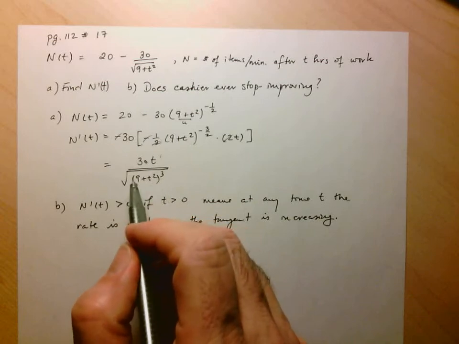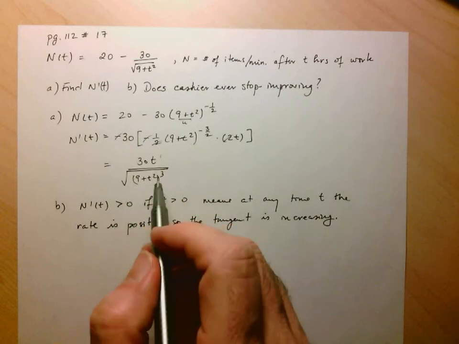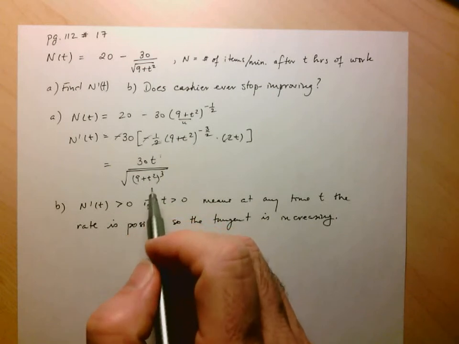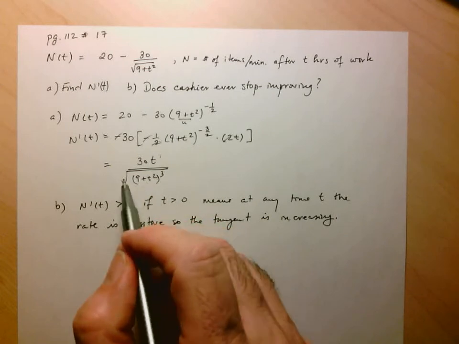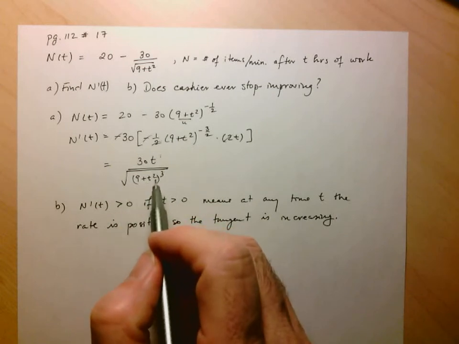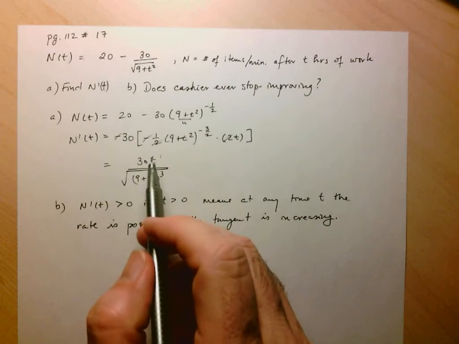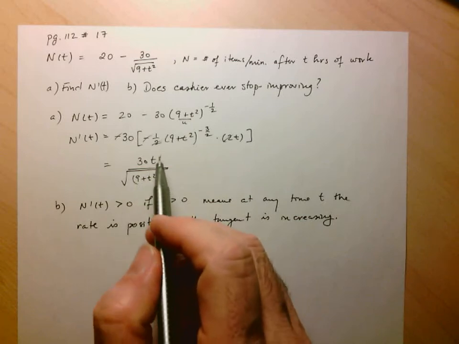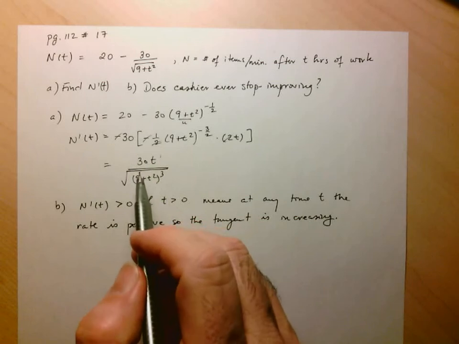Remember, in the long run, this 9 is not going to make any difference. So that's t to the 6th, and I'm taking the square root of that, so t to the 6th to the 1/2. So in the denominator, this is going to start acting like t cubed. And if I have a t divided by t cubed, the denominator takes over. Eventually this derivative is approaching 0.